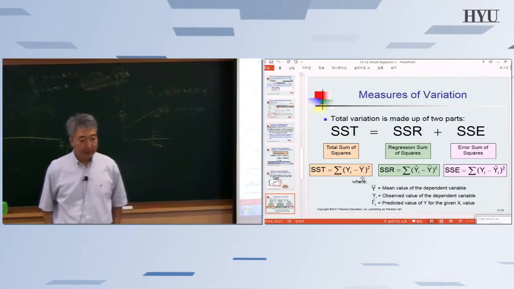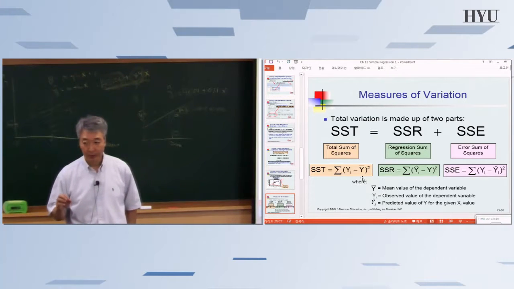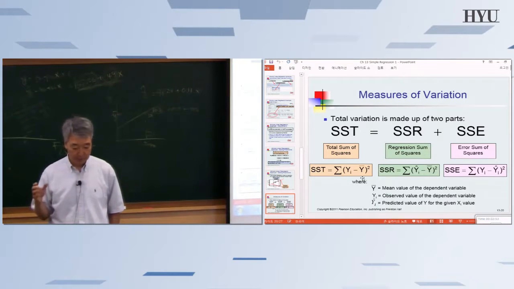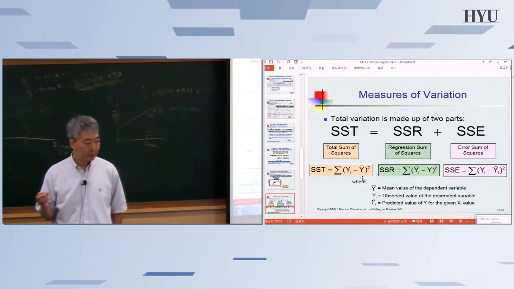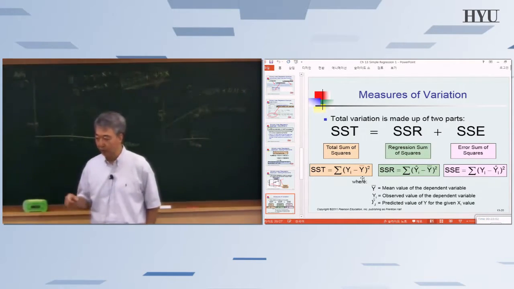What is yi? Yes, individual y value, because we have many y values. What about y bar? Grand mean, I told you. It's the mean value of all the y values.